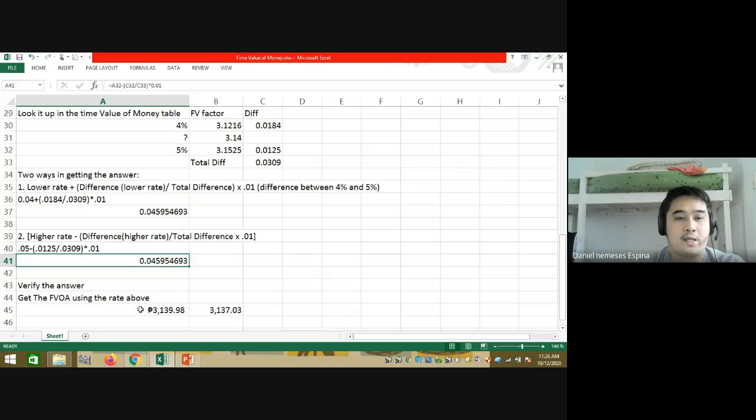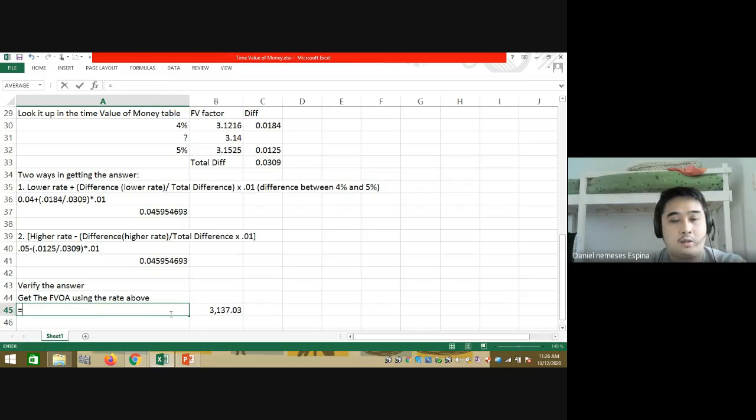If you notice, they differ, but by probably less than 2 pesos. Because again, the interpolation method only gives an approximate or an estimate. But the estimate is very, very close to the correct answer.